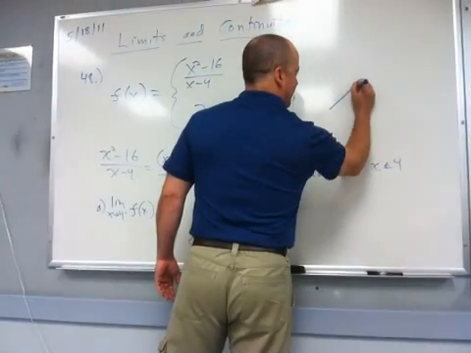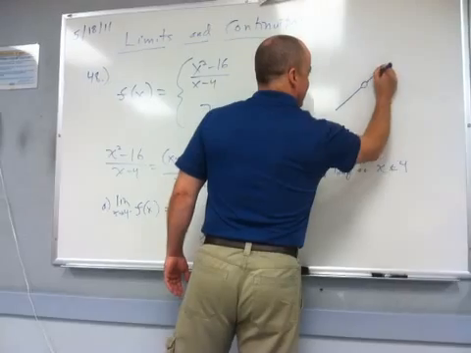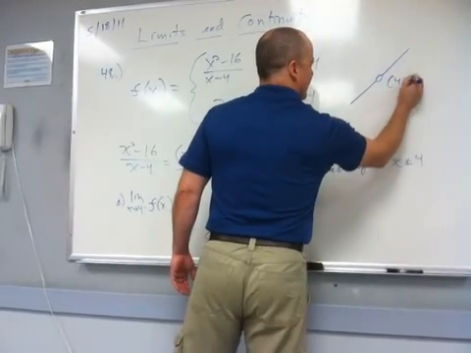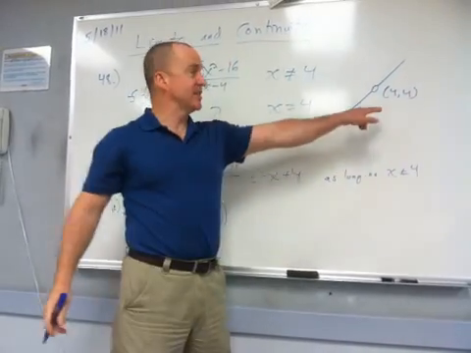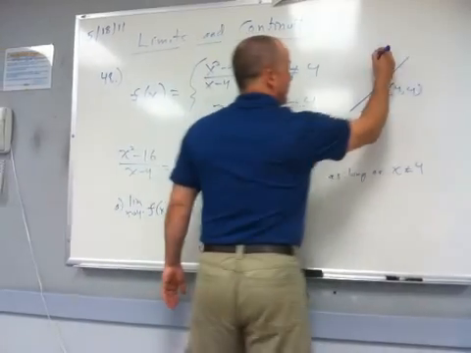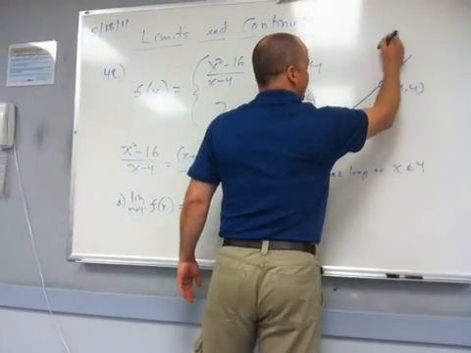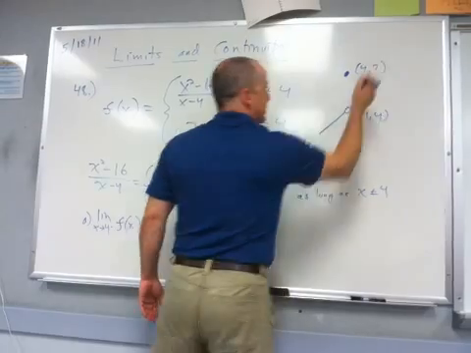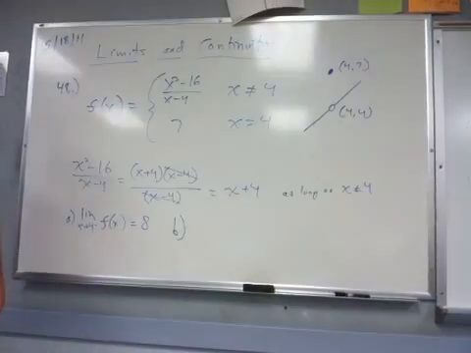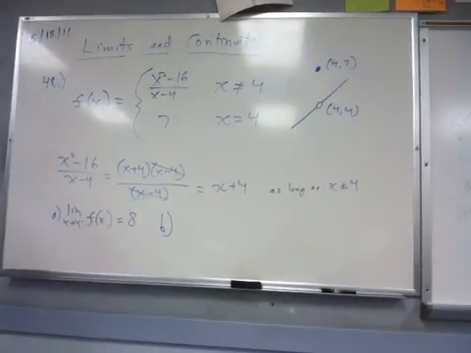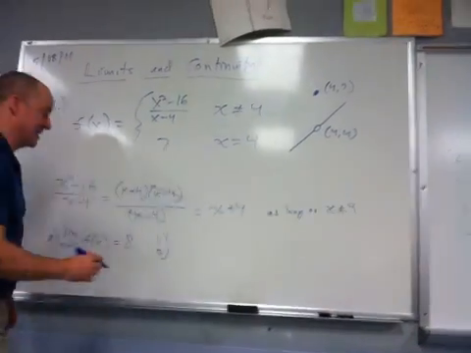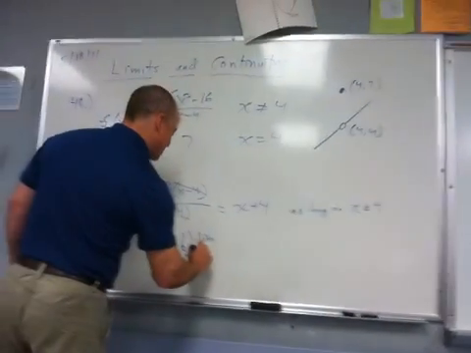If I may draw it quickly without putting in the axes, this would be the point 4, 4, which doesn't exist, and up here above it would be the point 4, 7, just sitting there, just chilling.